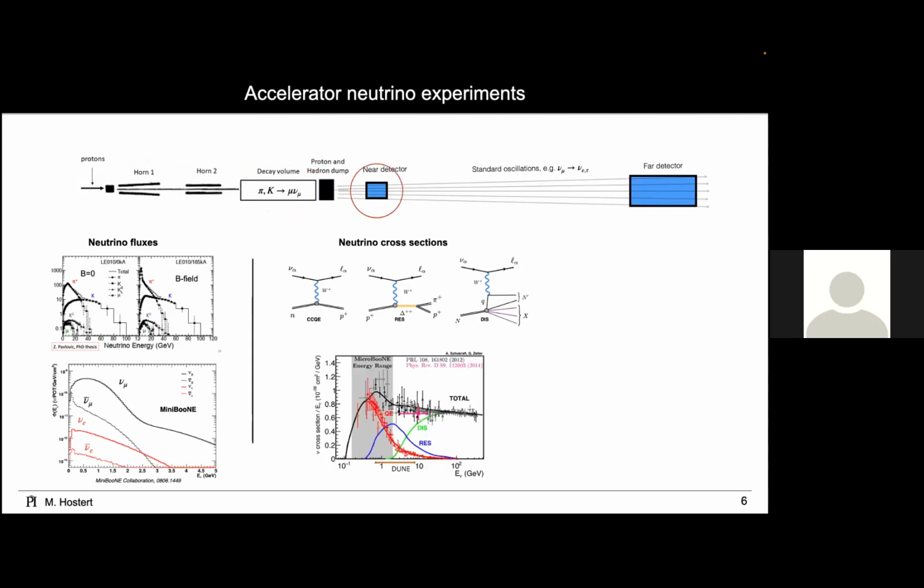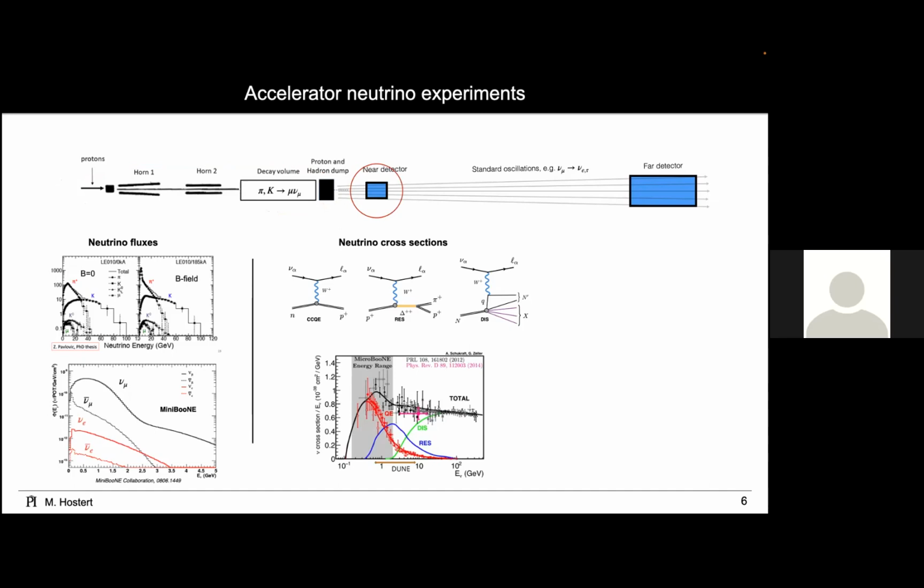The goal is then to measure these neutrinos interacting at a near site. This is what we're going to be interested in. And at the energies relevant for MiniBooNE, this experiment, we'll be talking about sub GeV up to 1, 2 GeV in energy. At those energies, neutrino interacts with nuclei in 3 main ways.